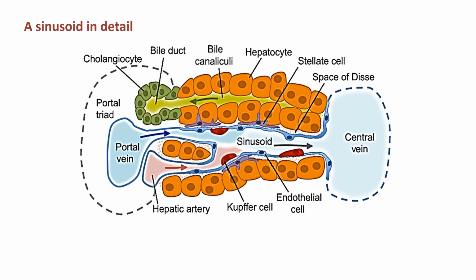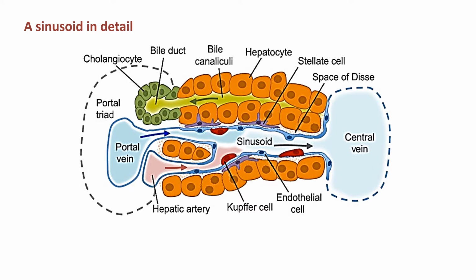Either side of the sinusoid, this is a normal blood vessel, so we still have endothelial cells, those simple squamous endothelial cells lining this specialist blood vessel. They have little windows in that, if you remember way back, we talked about fenestrations. We will talk more about those later.